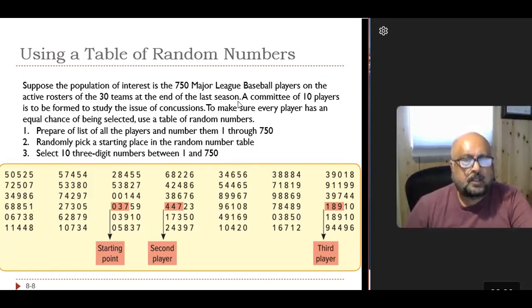A committee of 10 players is to be formed to study the issue of concussions, to make sure each player has an equal chance of being selected. Use a table of random numbers.